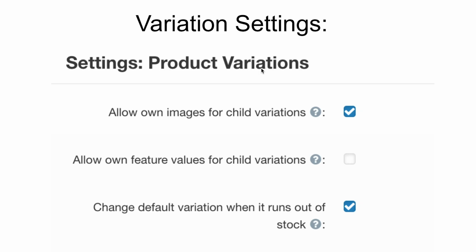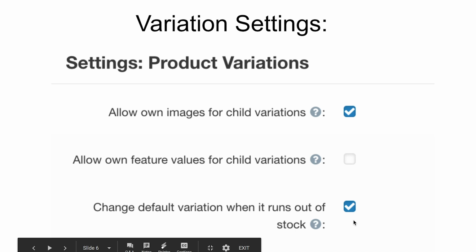And also there is such a thing called change default variation when it runs out of stock. So if you enable this option, once your main variation goes out of stock, so its inventory becomes 0, your default variation automatically changes to another one.